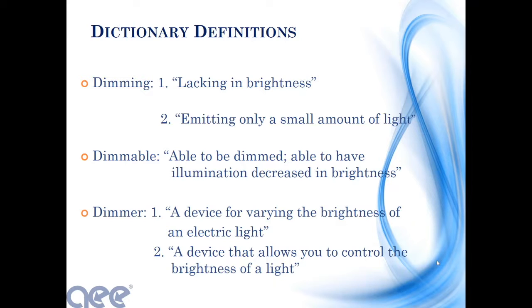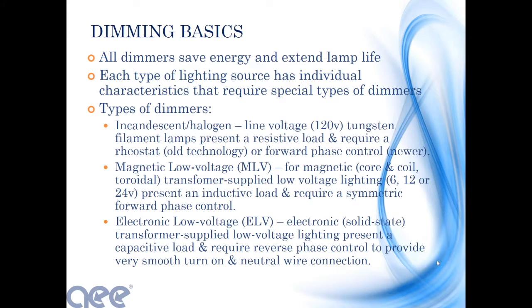If you go to the definition for dimmable, you find able to be dimmed, able to have illumination decreased in brightness. And then the definition for dimmer, a device for varying the brightness of an electric light, or a device that allows you to control the brightness of a light. Those aren't very helpful definitions.